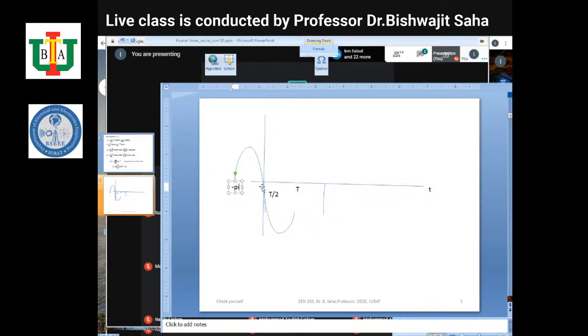Here is the 0. So the signal starts earlier than origin. So in this case, minus pi starts, minus pi to pi. It is one completed cycle. We have to consider one cycle always. This way. So remember, in the video you can see maybe it is different. Here will be the pi. Here will be 0.